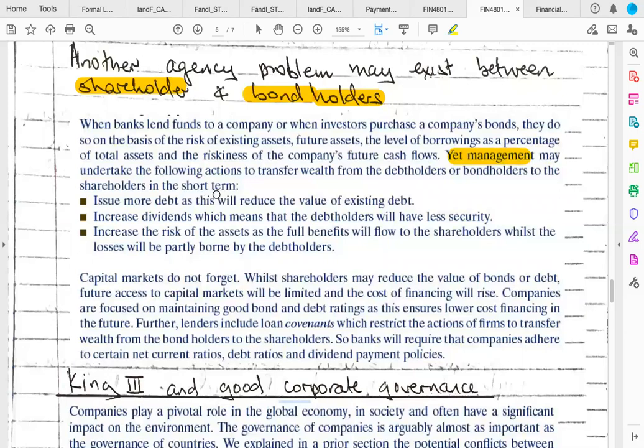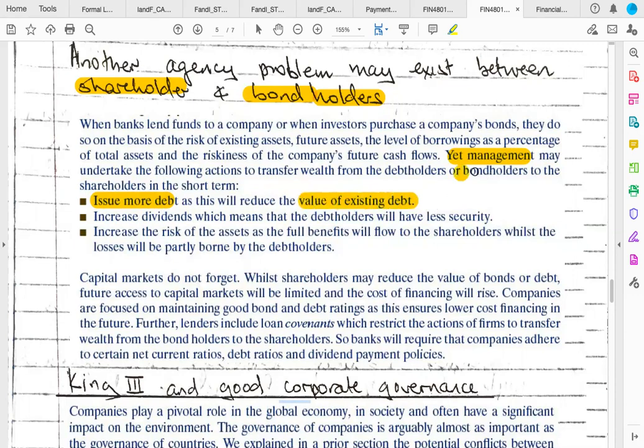So you might find that management might start acting in a way to benefit shareholders at the expense of another important stakeholder, who is the bondholder.